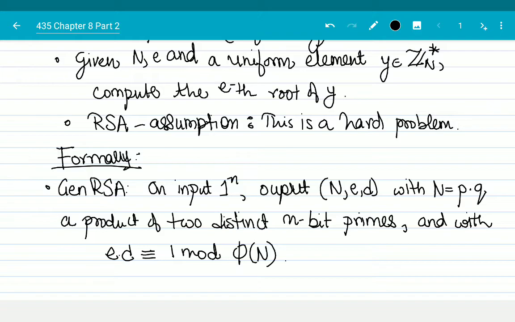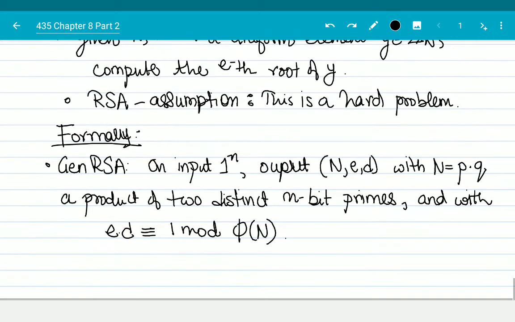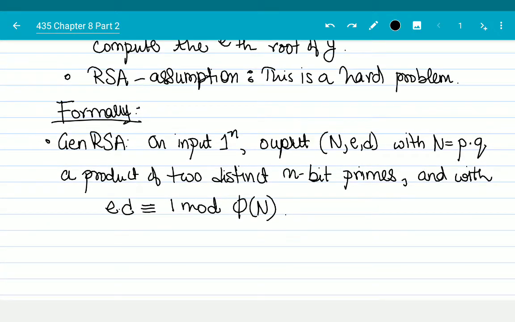We'll see a natural example of this later. I can't promise it will be tomorrow, but sometime soon.